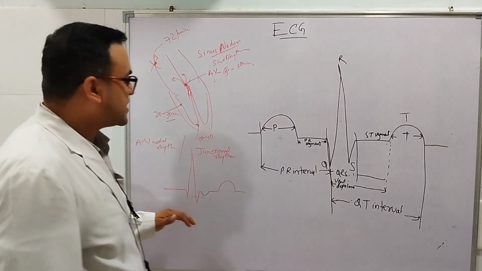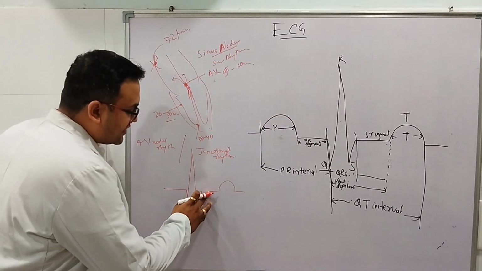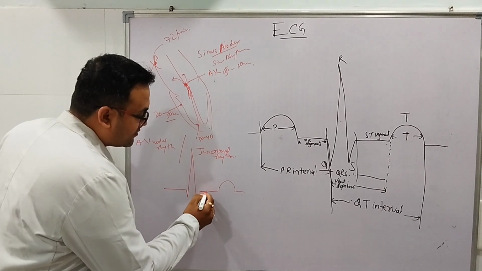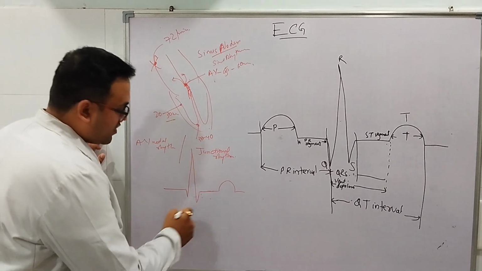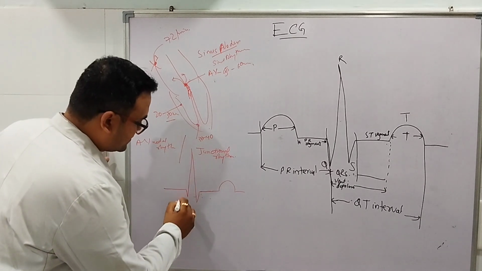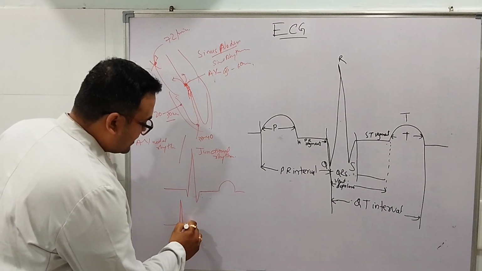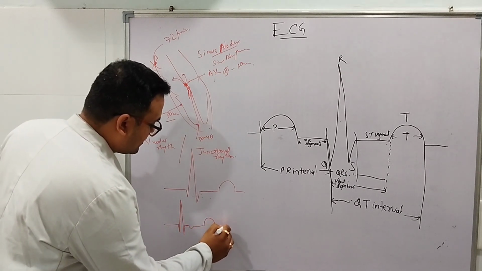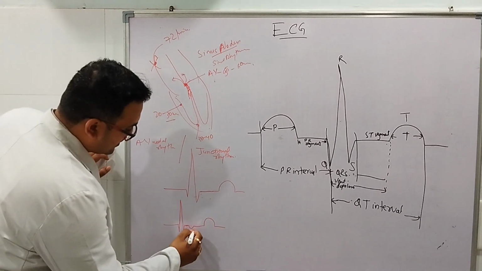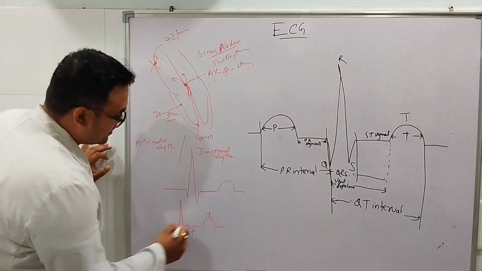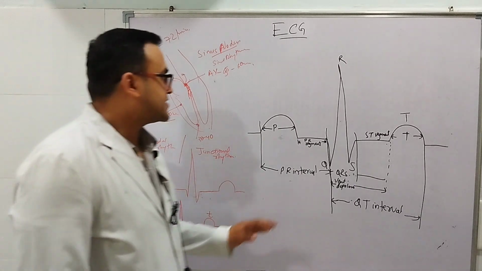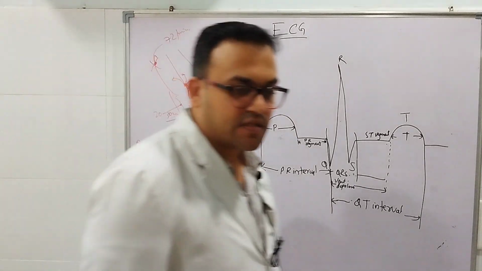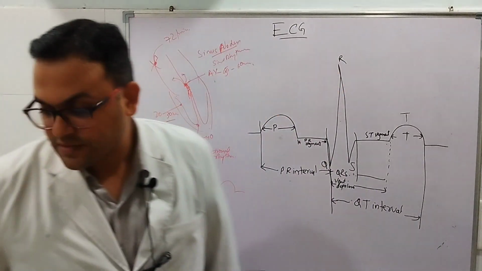So there are two types of junctional rhythm we can see. One is the normal with no P wave, or next is a P wave which is reverse in direction. The reverse P wave after the QRS can also happen in junctional rhythm.